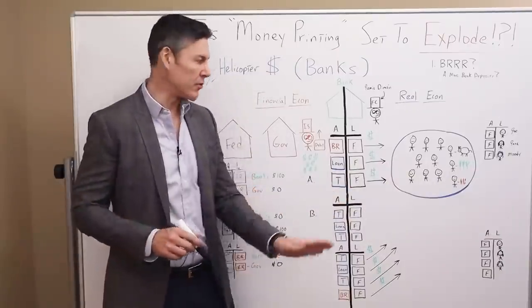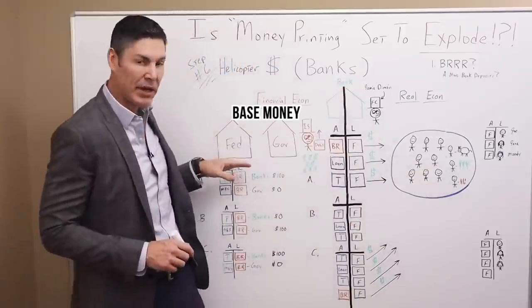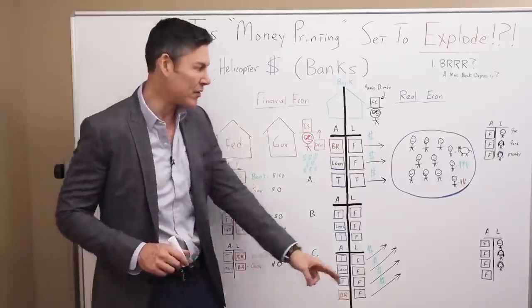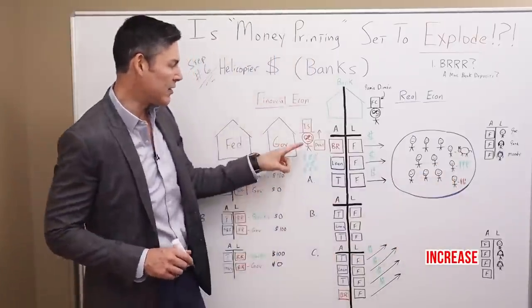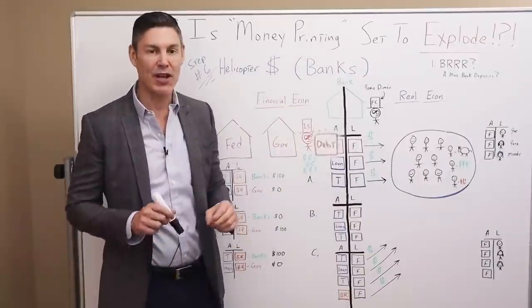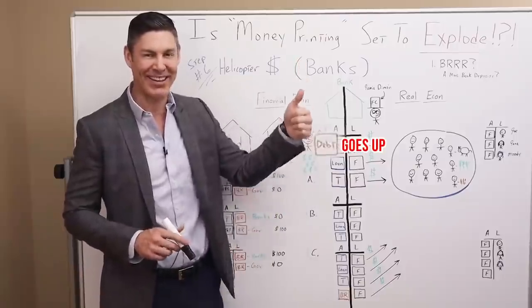So in technical terms, broad money or M2 money supply increases, base money stays the exact same, the balance sheets in the private sector increase, and the debt on the balance sheet of your drunk, insolvent Uncle Sam, as always, goes up.